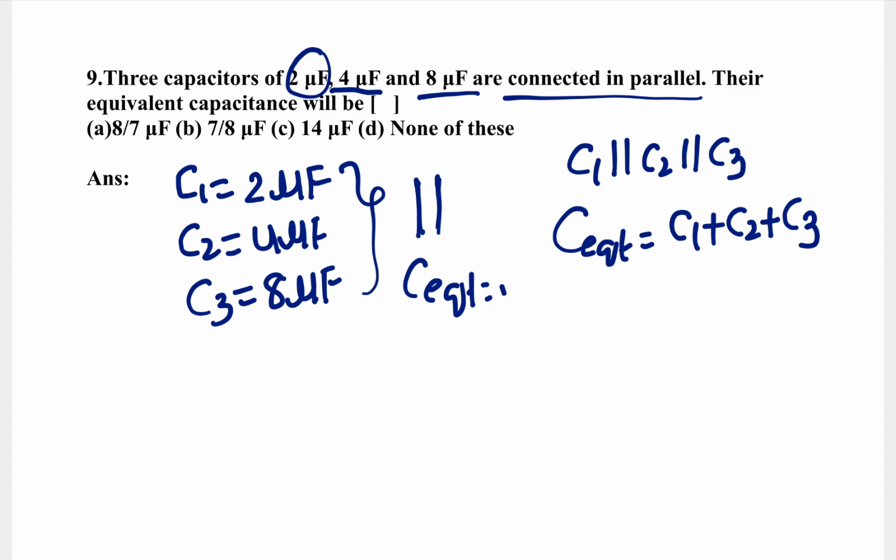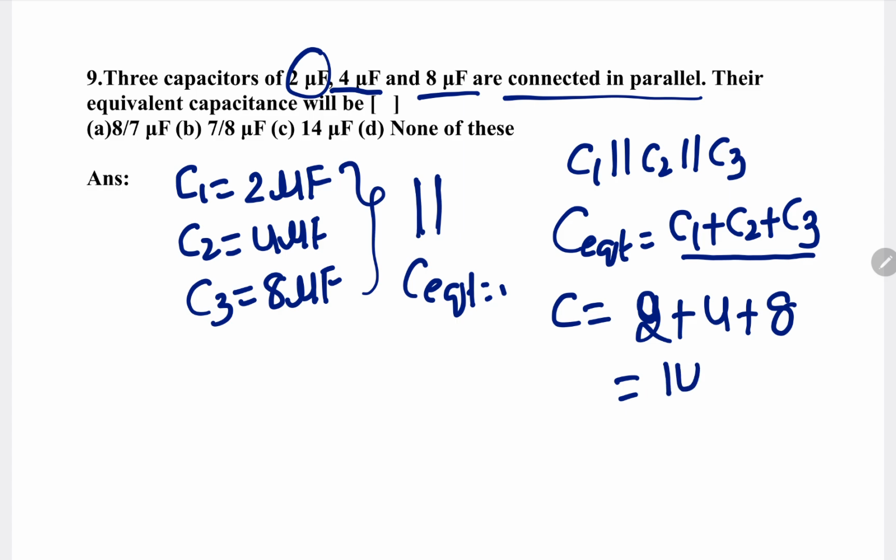But here the capacitance connection formula is opposite to the resistor formula. So here parallel connection means C1 plus C2 plus C3. So what is the answer? 2 plus 4 plus 8, so 14 microfarad. So this is C equivalent. Equivalent capacitance or total capacitance or effective capacitance is 14 microfarad. Answer is C.